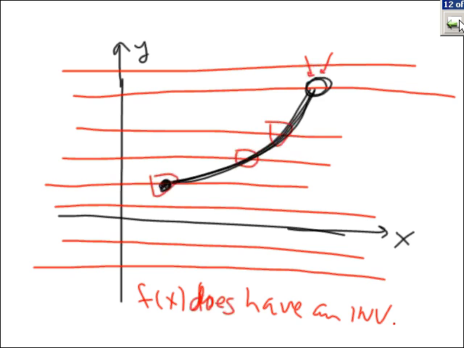Now, the last thing we're going to talk about is what does it take for a function not to have an inverse? You have a function that's going up, that portion has an inverse because it'll pass the horizontal line test.